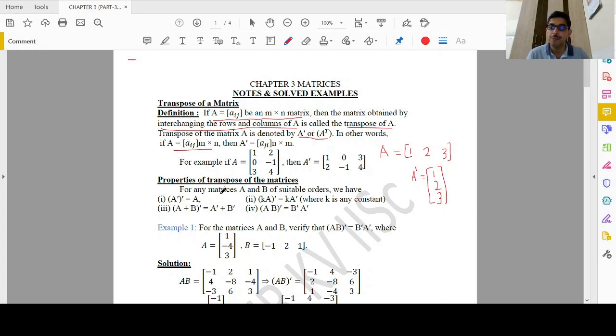Now next are the properties of the transpose of matrices. For any matrices A and B of suitable orders, we have A dash dash, that is the transpose of A transpose.